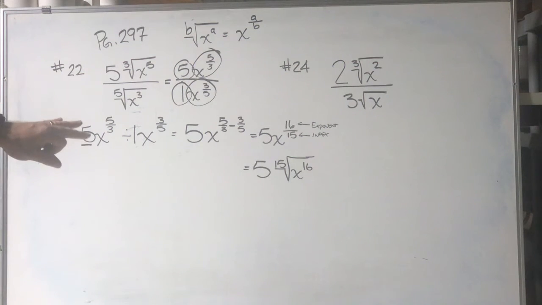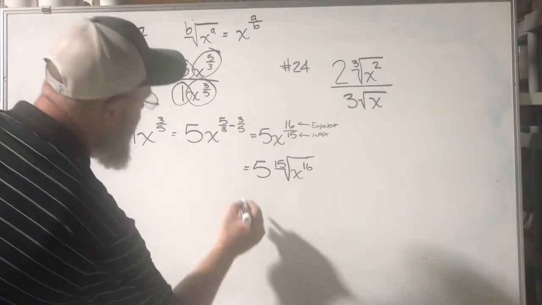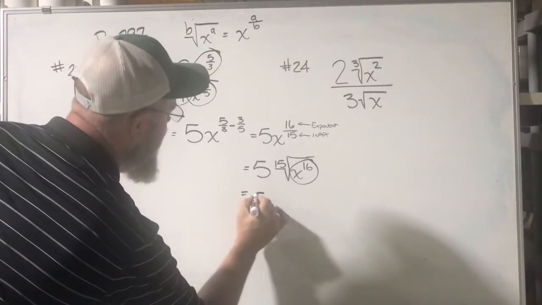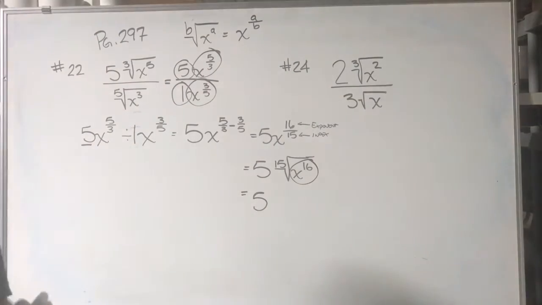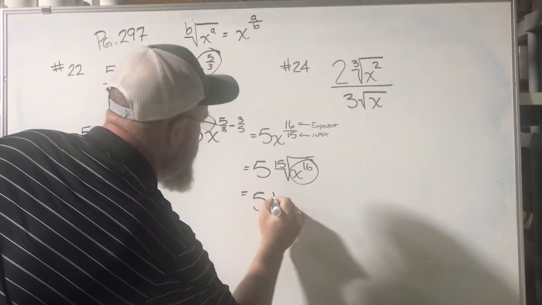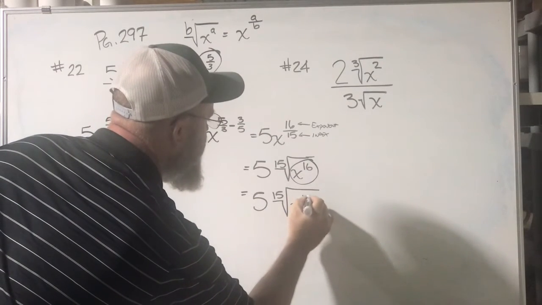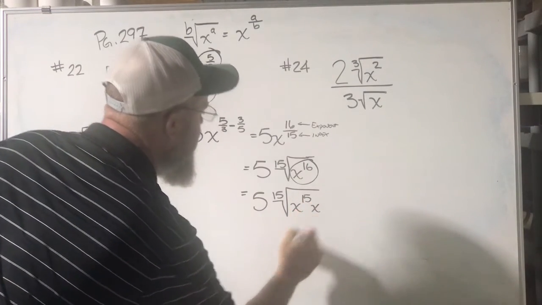Now, can we do even more than that? Yes, we sure can. Because we can factor this guy, where I have 5 to the 15th root of x to the 15th times x.